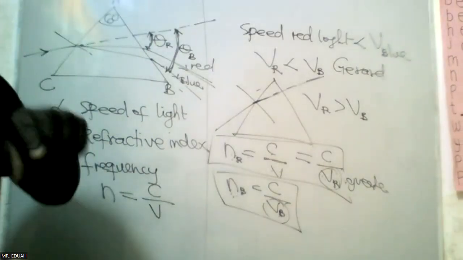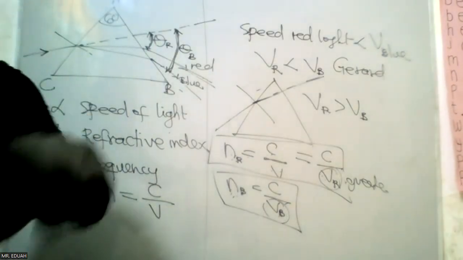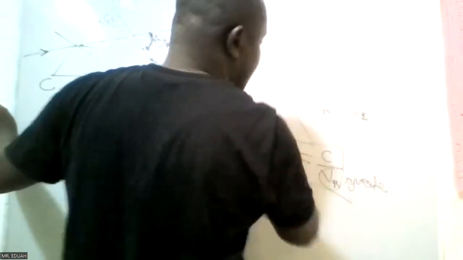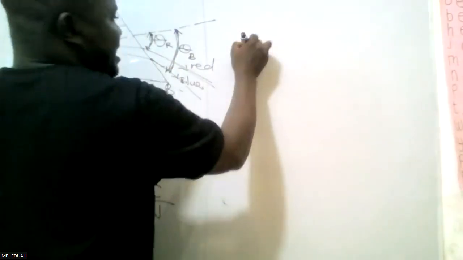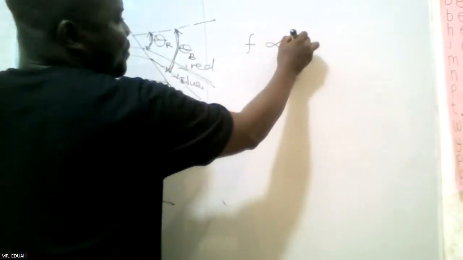Then explain what is on your mind. You see, for a wave, frequency is inversely proportional to wavelength.